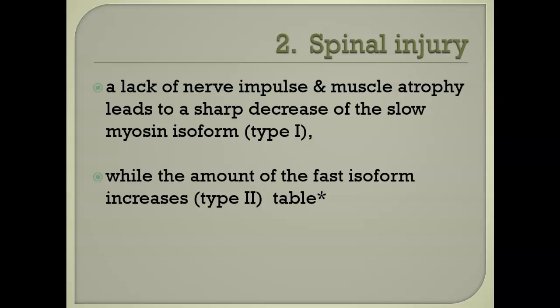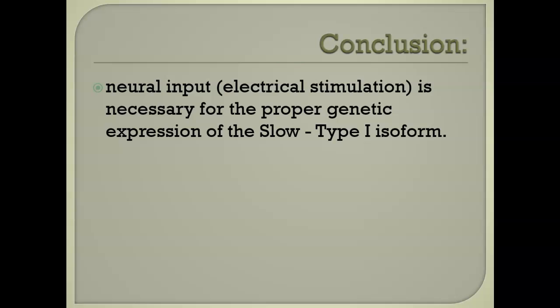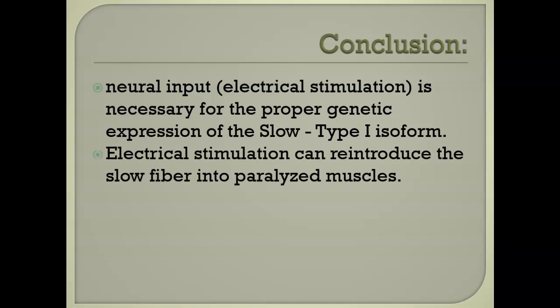But when you continuously use a muscle, you're continually putting neural input to it, and you get more of the type 1. So you need this input to get this expression of this type 1 isoform. You could use a TENS unit, electrical stimulation. That might be a way to do it.